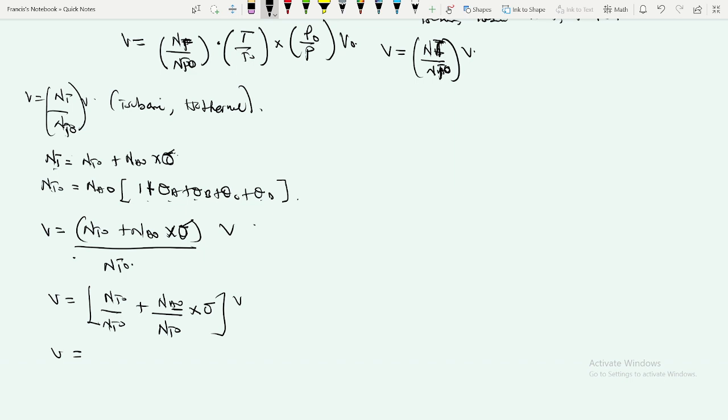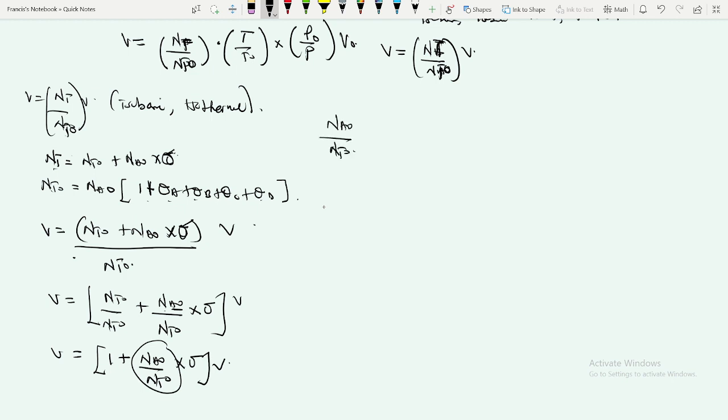And then you can go ahead and see that Nt naught over Nt naught gives us 1. So 1 plus Na naught over Nt naught multiplying x sigma times V. So our V is equal to, now before that, let's pay attention to this term, Na naught over Nt naught.